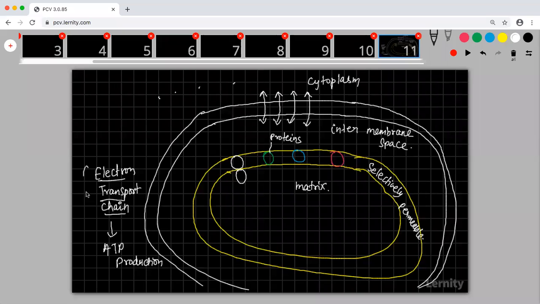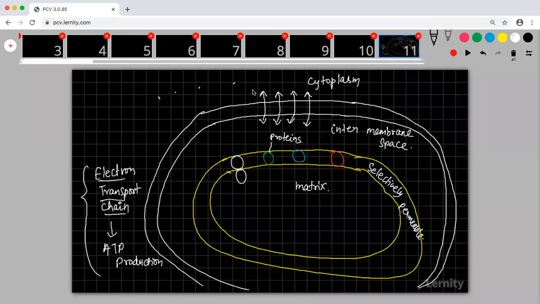So for all these things, you need proteins. Where are those proteins found? Those proteins are found in the inner membrane. In the inner membrane layer, you see these proteins which are connected with the electron transport chain and ATP production.